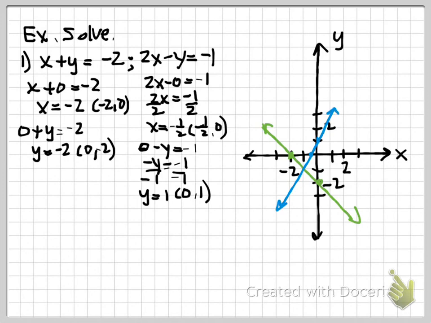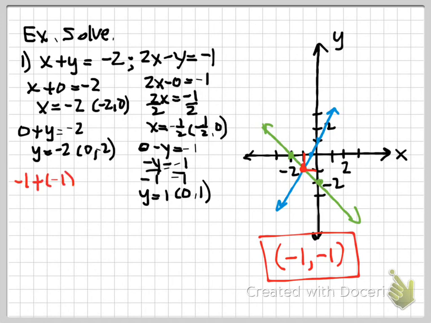And what I'm looking for is where they intersect. Then I have to identify the coordinates of that particular point. So what coordinates would be my solution? (-1, -1) would be the solution. You can go back and plug those coordinates into the original equations to test.